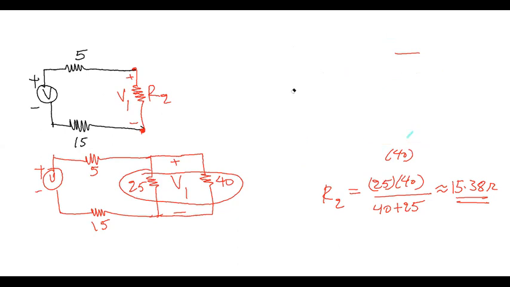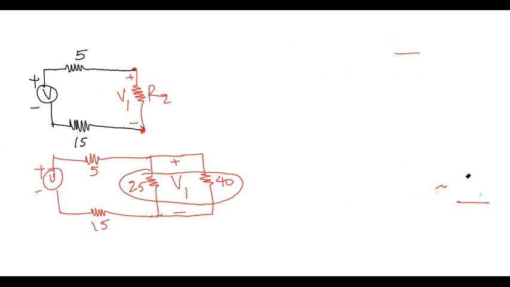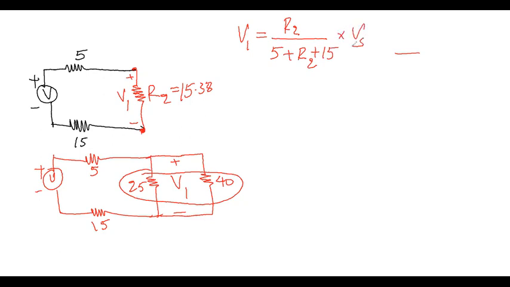But before we proceed to that, let's calculate. R2 is 15.38. So let's calculate V1. V1, using the voltage division rule, is R2, which is 15.38, over 5 plus 15 plus R2, times Vs. Vs in this case is 10.